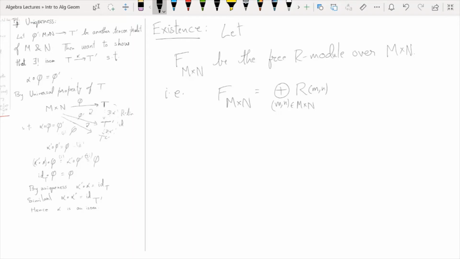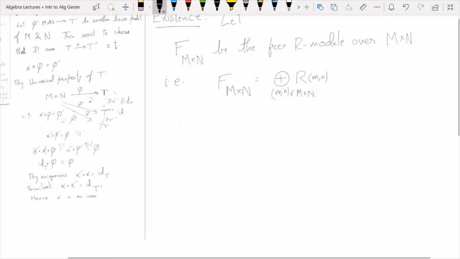There are many ways of thinking about it. You can also think of it as the set of all maps from M cross N to R such that it's supported on only finitely many elements, and away from finitely many it's 0. There is the usual component-wise addition and scalar multiplication.